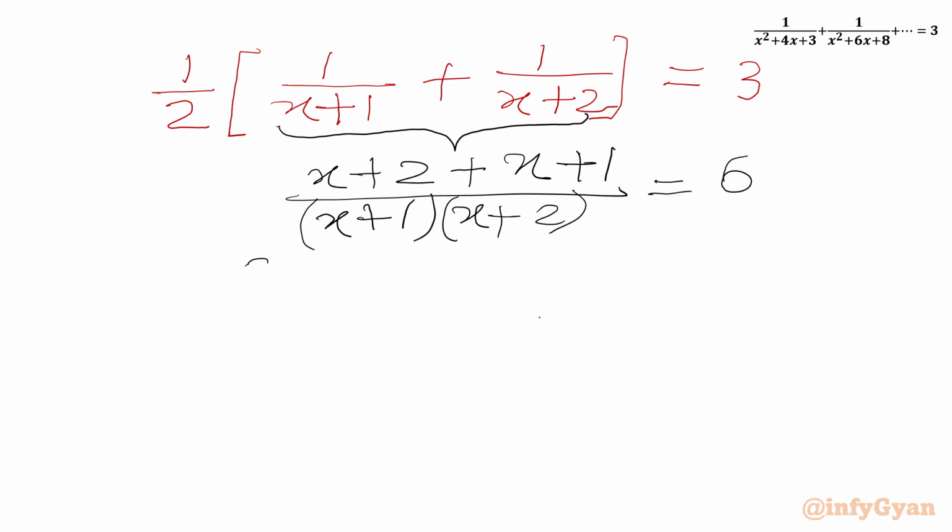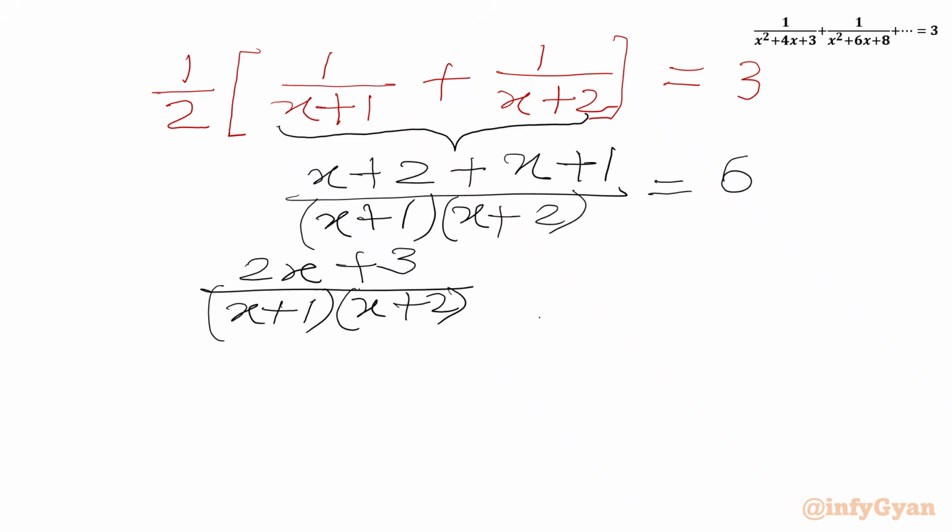So x plus x is 2x, 2 plus 1 is 3. In denominator we will be writing x plus 1 times x plus 2. X cannot be negative 1, cannot be negative 2, cannot be negative 3, cannot be negative 4, and so on up to infinity.